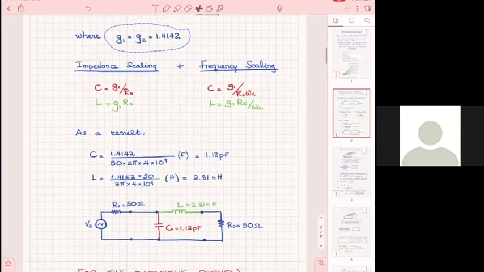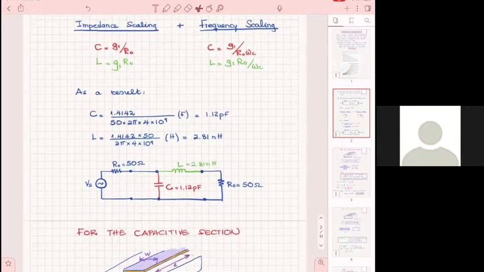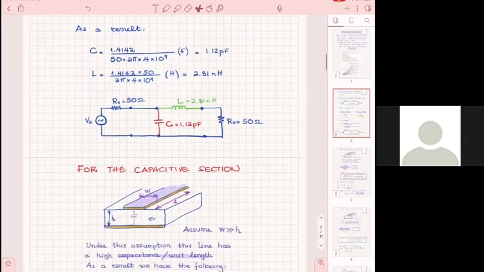So then if you plug in for the numbers here, and be careful of the units, all right? So you find C to be 1.12 picofarads, and you find L to be 2.81 nanohenries. And so in circuit form, in lumped element form, this is how it looks.